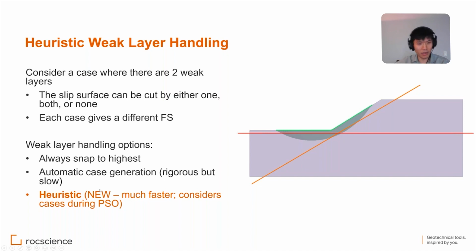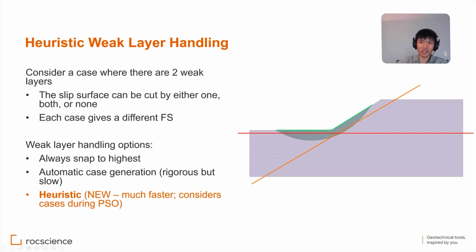So we developed a new method last year called the Heuristic method. It uses a form of particle swarm optimization to toggle these weak layers on and off based on the success rate of whether or not these weak layers actually produce a good solution for the factor of safety.